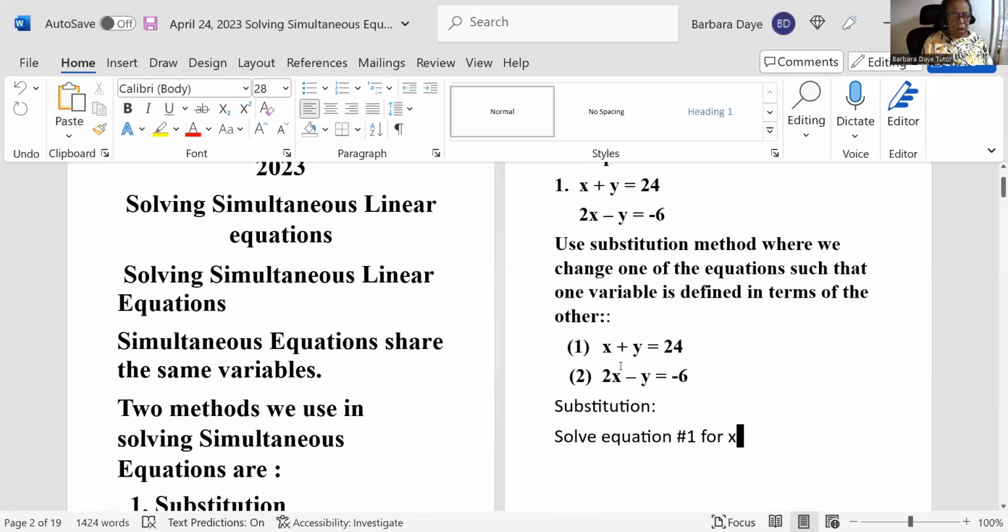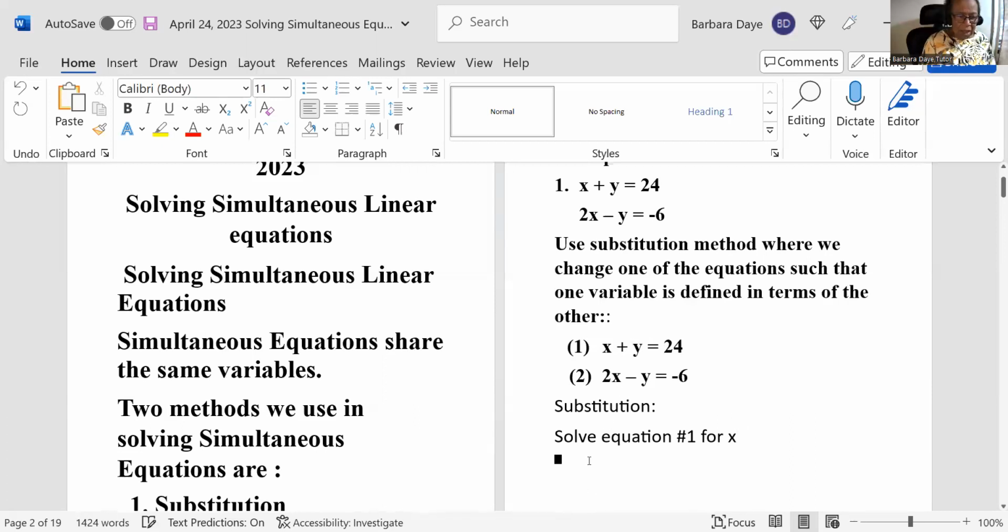No. Just take x plus y is 24 and solve for x. What would you do to solve for x? Subtract. What do you subtract, Audrey? Subtract the y. Subtract the y.